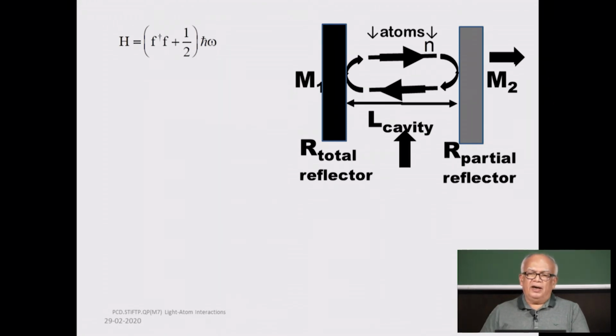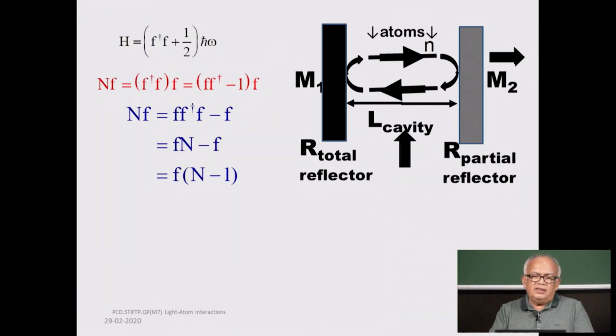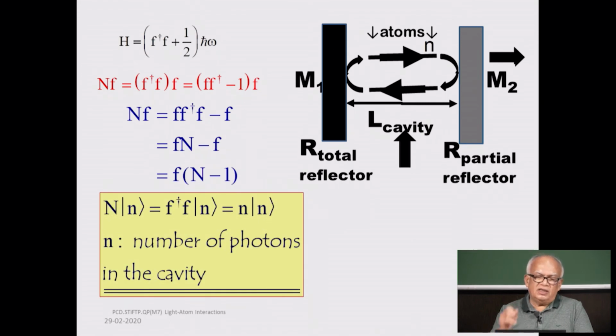This is an optically machined cavity, so the distances are very exact, and you can now quantize the electromagnetic radiation in this cavity. Depending on how much energy there is in the field, you will have a certain number of photons in the cavity, which is an integer number of photons, an eigenvalue of the number operator, which is f dagger f.